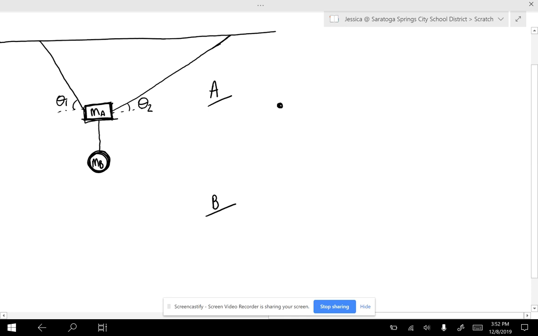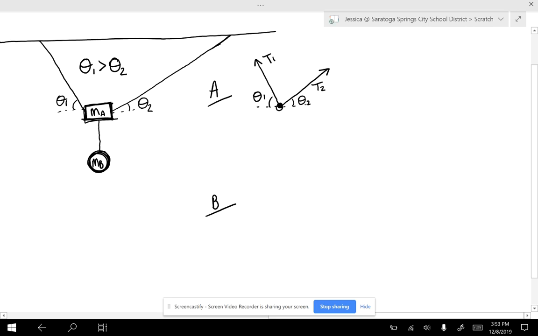Okay, my A free body diagram looks like T2 acting at theta 2 and T1 acting at theta 1. And just in case it's not obvious, from my drawing, theta 1 is going to be greater than theta 2.